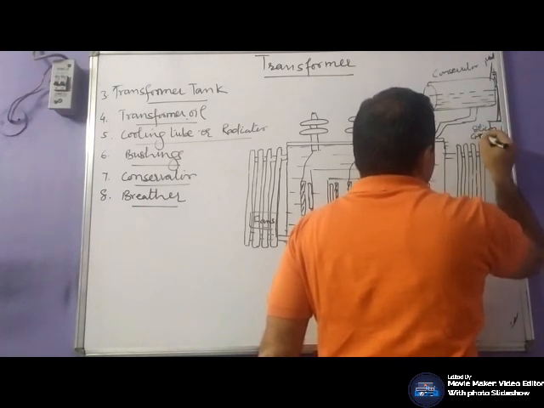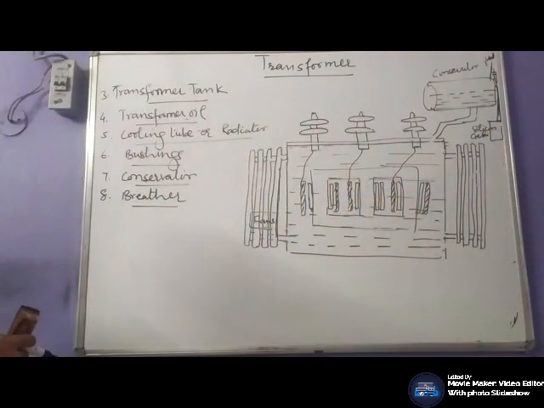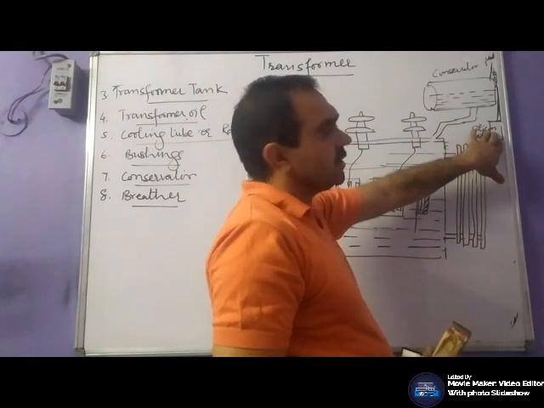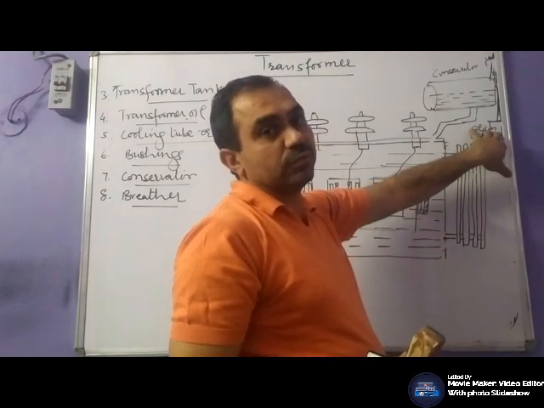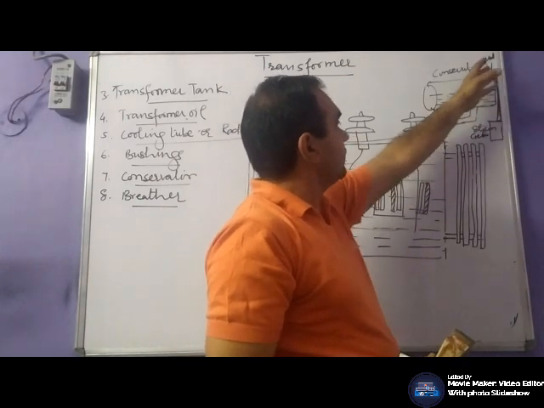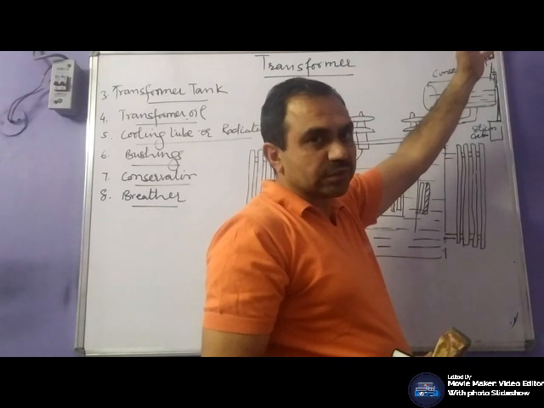Silicone gel crystals impregnated with cobalt chloride are used, and the color of this silicone gel is blue. Whenever your oil expands, air comes outside.